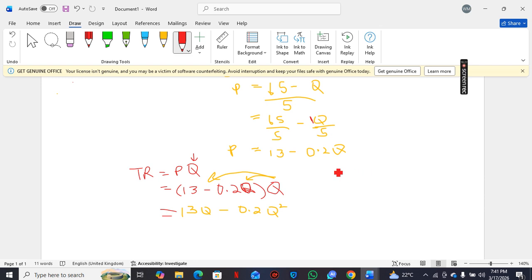Okay. Total cost function. Remember, total cost is fixed cost plus variable cost. The fixed cost is 30 kwacha. The variable cost is 2Q.